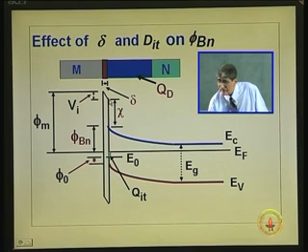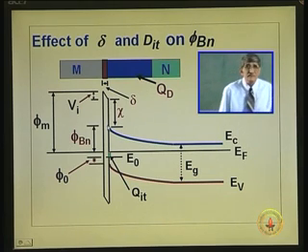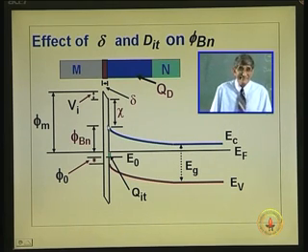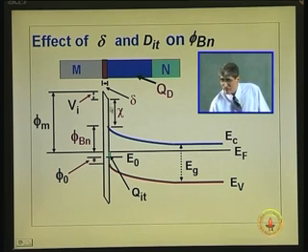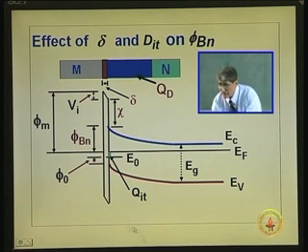So, between this point and this point, the difference is chi, that is between the vacuum level and the conduction band edge. So, what we have to see is what is the value of phi b n in the absence of the voltage drop in that layer.